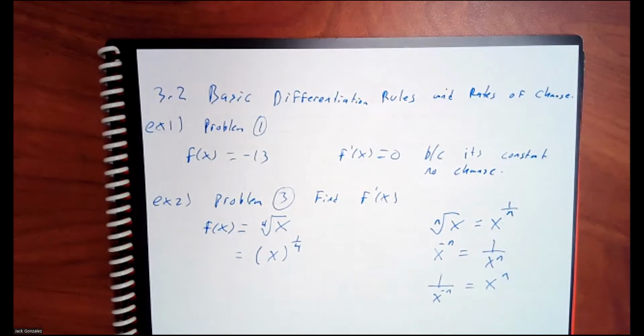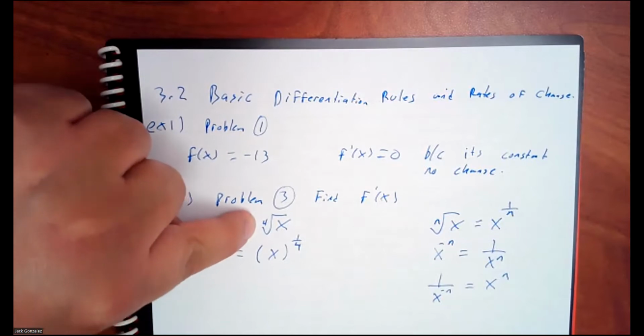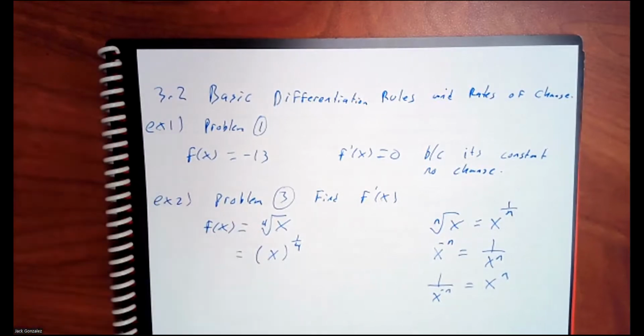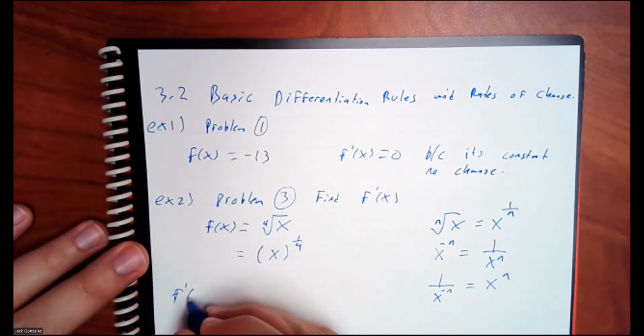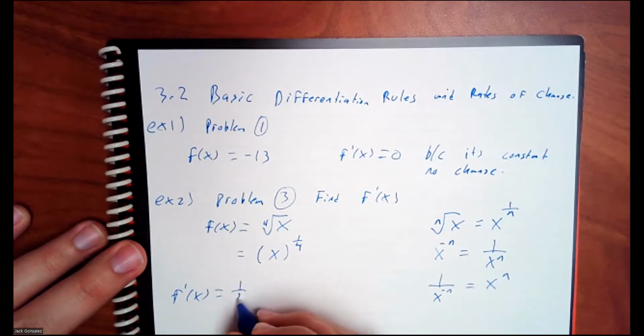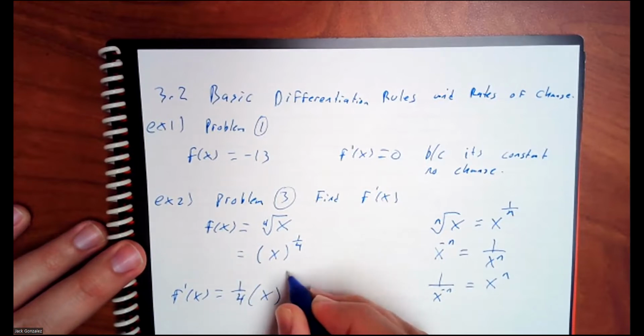Anyway, those will all be handy when you're doing derivatives, because you can't do the derivative straight up. You have to change it to a number because we know how to deal with the numbers, right? Just bring it in front and subtract 1. So the derivative will be 1/4. You bring down the 4th, subtract 1.